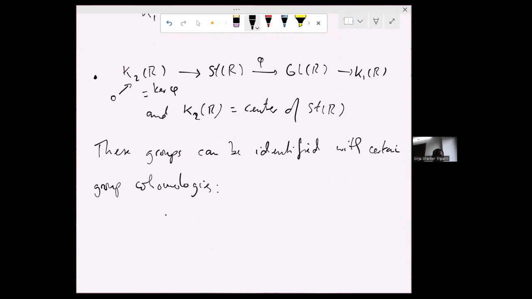So do you remember which one is K1 as a group cohomology? And which one is K2 as a group cohomology?